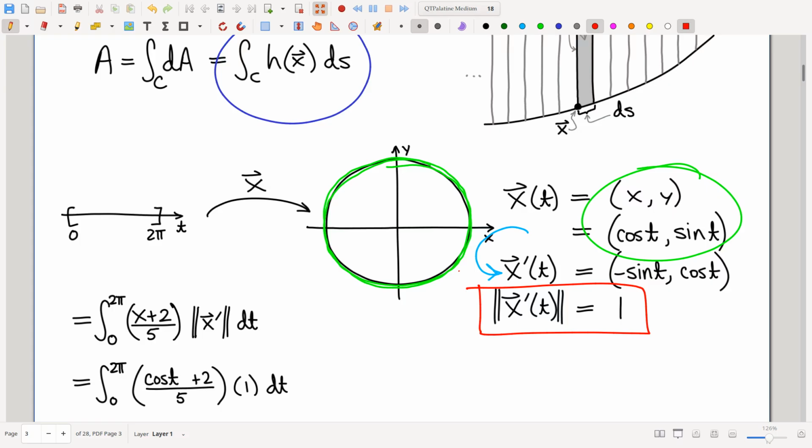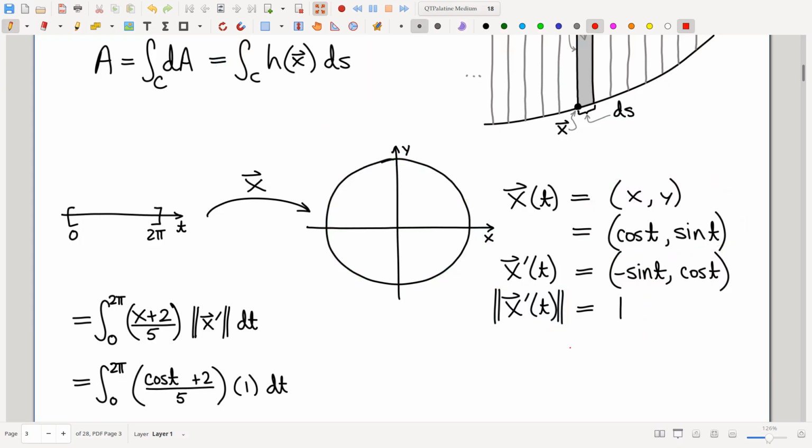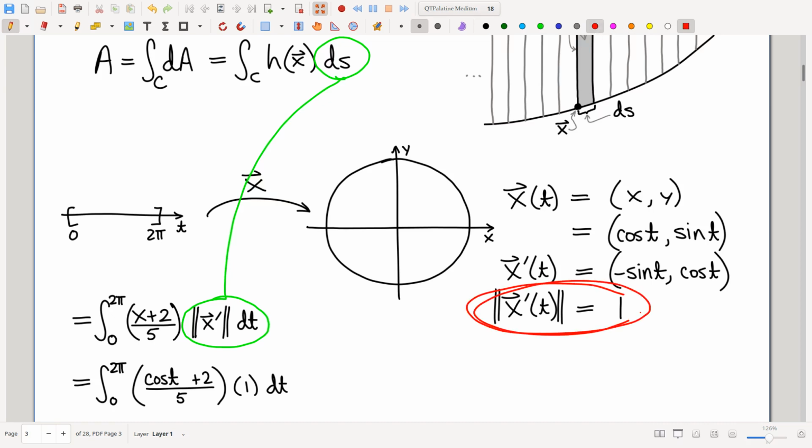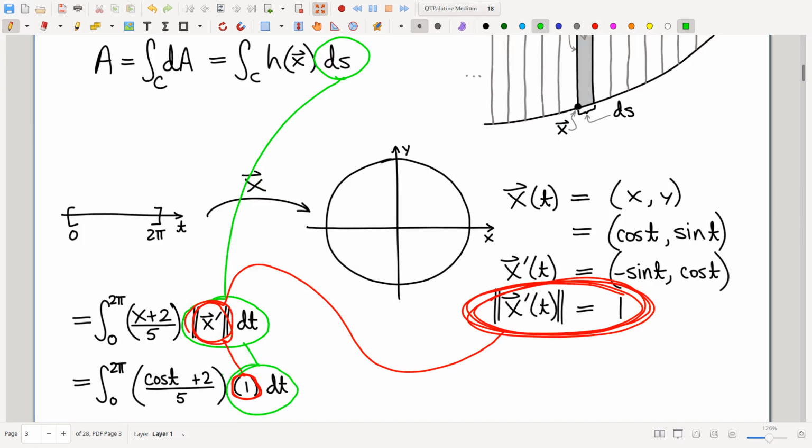That's the stuff that we're going to need along the way. So now we just start plugging in the ds, speed times dt. Conveniently, we've already computed that speed is 1, and so our ds simplifies just like that.